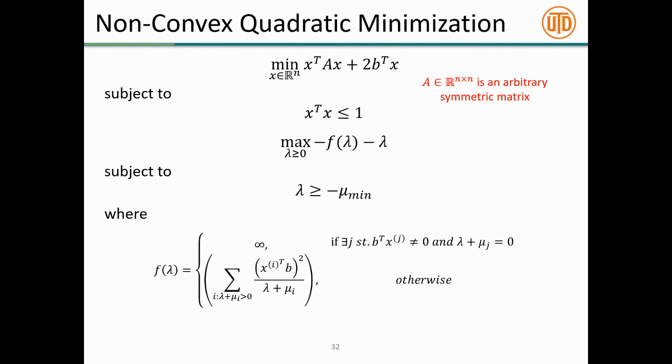So if there is some mass on an eigenvector that has a 0 eigenvalue, then I define f of lambda to be infinity. Otherwise, it's just that quadratic form that we just saw, b transpose (A plus lambda I) inverse b, just by evaluating that and using the eigenvalue decomposition.